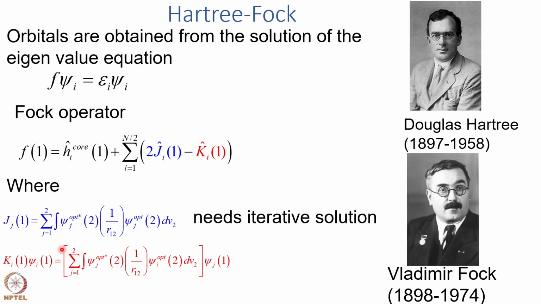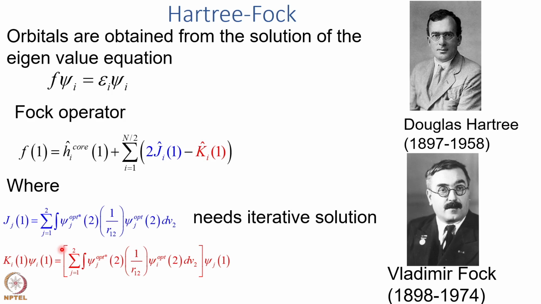So each student I can see in terms of other classmates. It is a kind of average interaction. I do not have any knowledge of how you are interacting with each other explicitly, but because we are sitting in the same class, I know they are your friends. So I only have an average picture. That is what Hartree-Fock also gives: each electron is moving in an average field of the other electrons. That is why this is called a mean field solution.